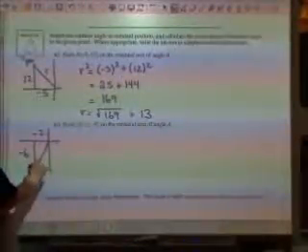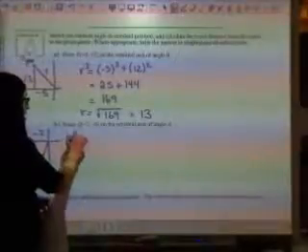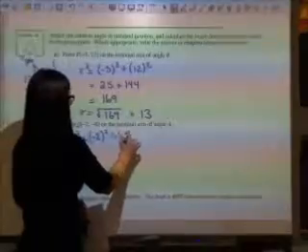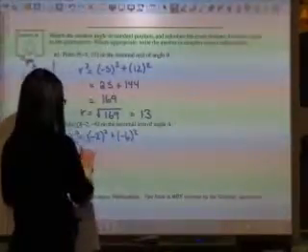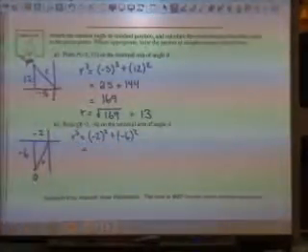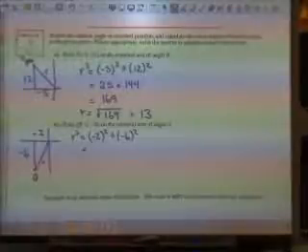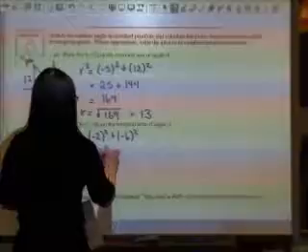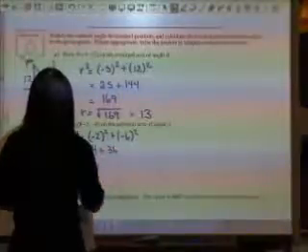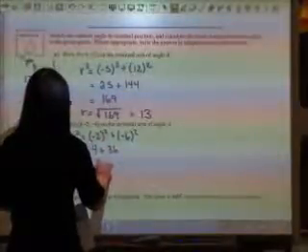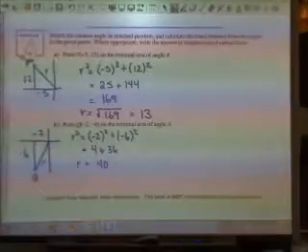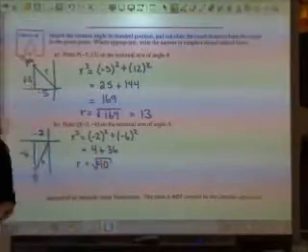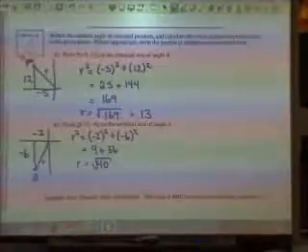So then my radius again, my r squared, would be x squared plus y squared. And -2 squared is? And -6 squared? So 36 and 4 is 40. So then my radius would be the square root of 40.